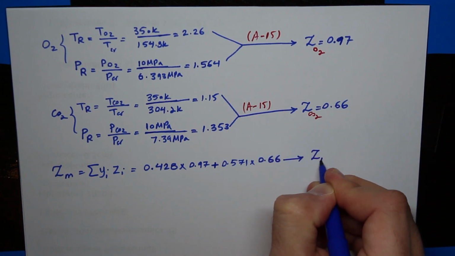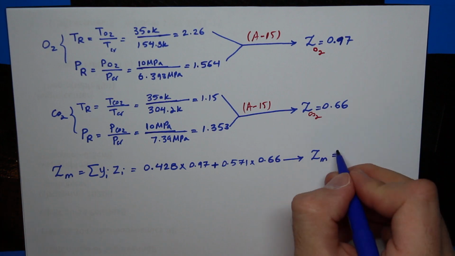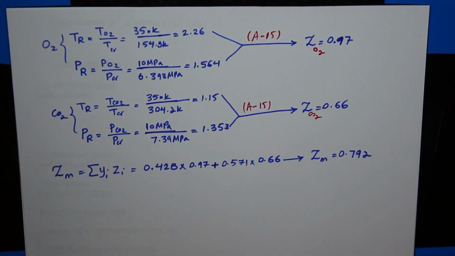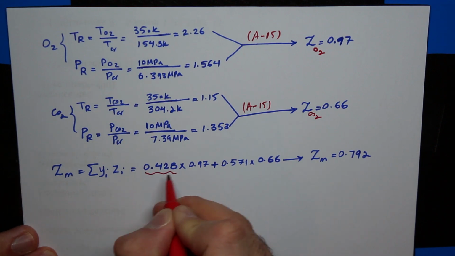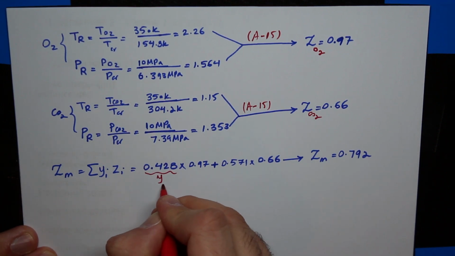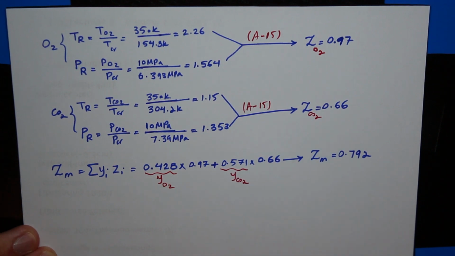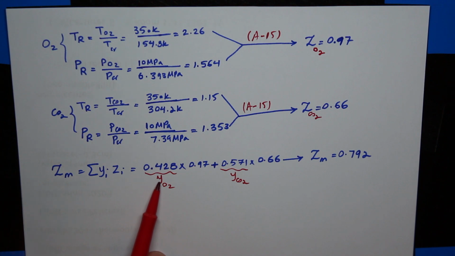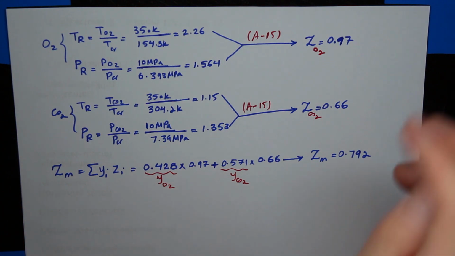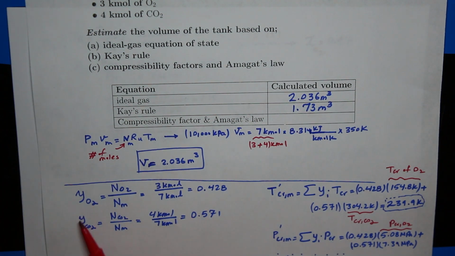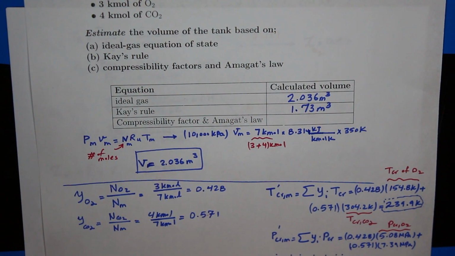That gives me Zm, or Z for the mixture, equal to 0.792. This is Y of oxygen, this is Y of CO2, and Y is the mole fraction, which we did at the very beginning of this problem. If I go back to the first page, you see that we already obtained the Y values here. These are the numbers that I'm using.